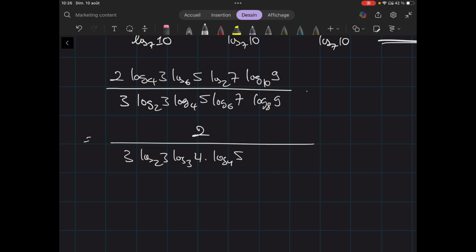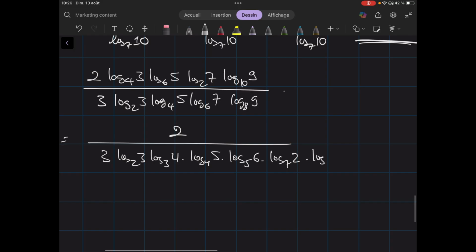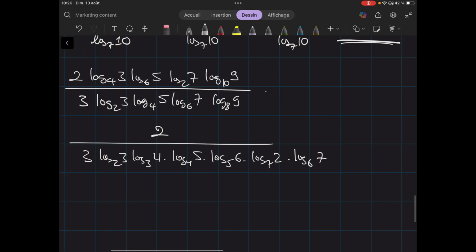Log base 6 of 5, that's 1 over log base 5 of 6. Log base 2 of 7, that's 1 over log base 7 of 2. And lastly, log base 10 of 9, that's 1 over log base 9 of 10.